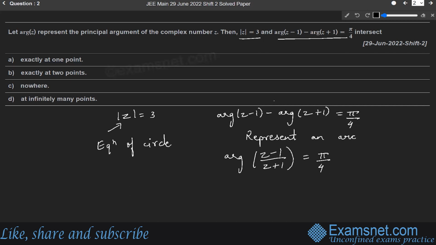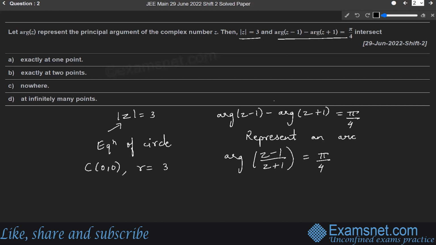Now, the first expression, mod of z is equal to 3, represents the equation of a circle, so the center will be 0, 0 and the radius will be 3.